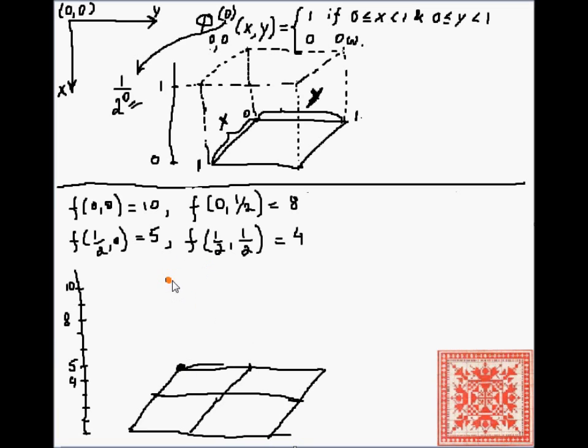All right. So this at 0, 0 will be 10. I need to erase this because I'm drawing in 3D. Okay, so on this square, it'll be 10.